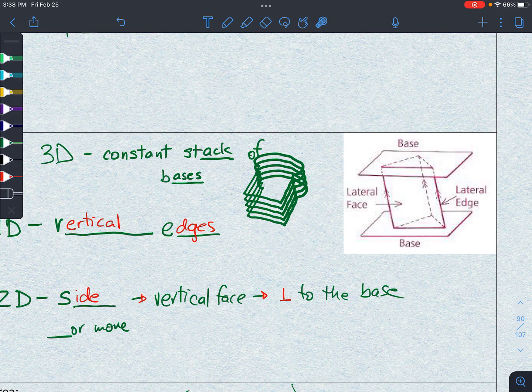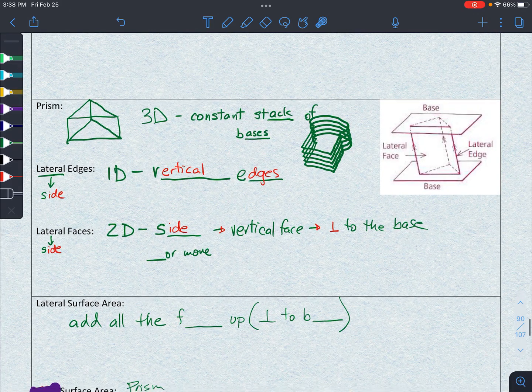Whereas the vertical face is a two-dimensional shape, so that's this. There's one, and then there's another one back here. And then there is a third over here. So those are, in essence, the sides of the shape.